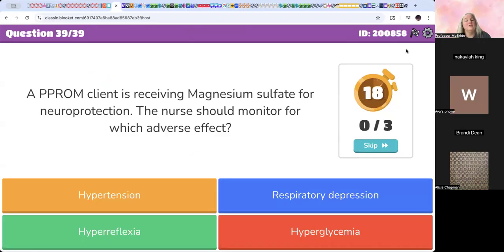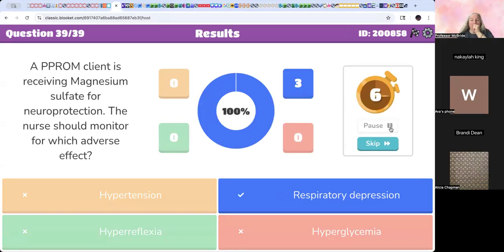A PPROM client is receiving magnesium sulfate for neuroprotection. The nurse should monitor for which adverse effect? Good. So this patient is not on magnesium sulfate because they're preeclamptic. They're on magnesium sulfate because the water broke and they're preterm.